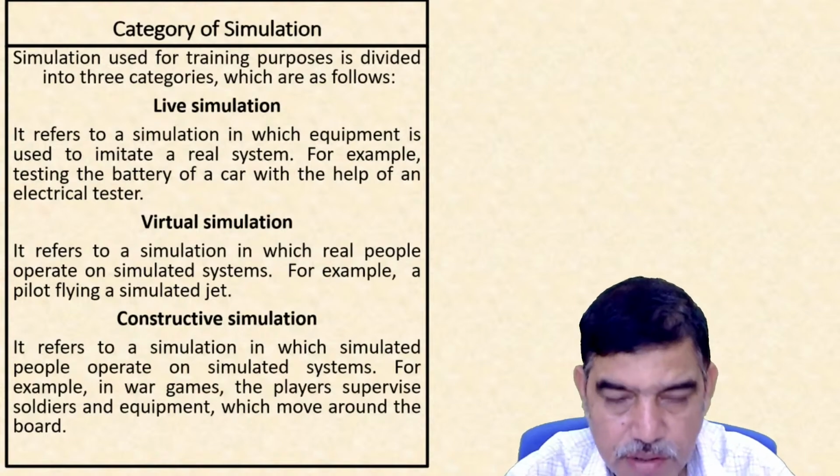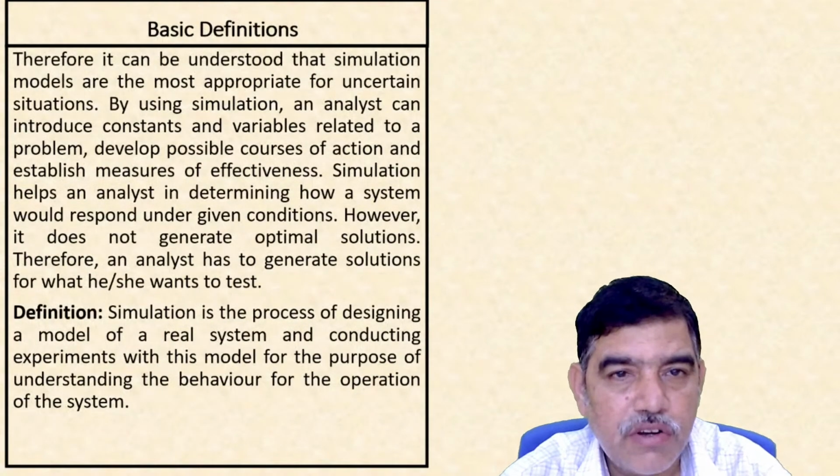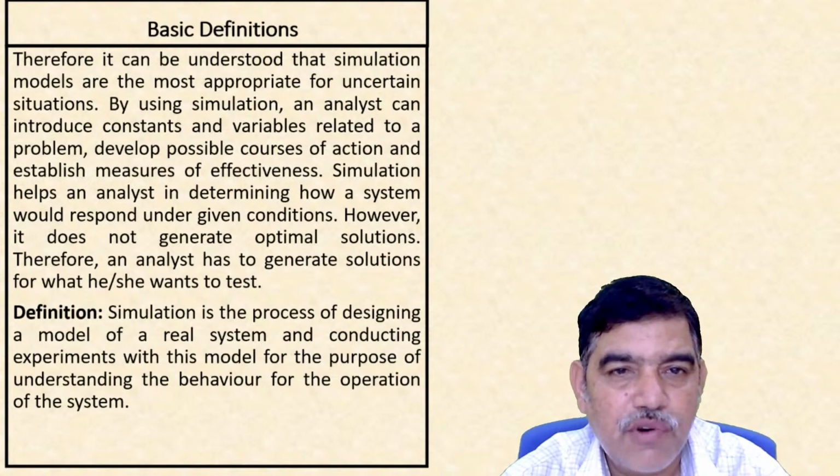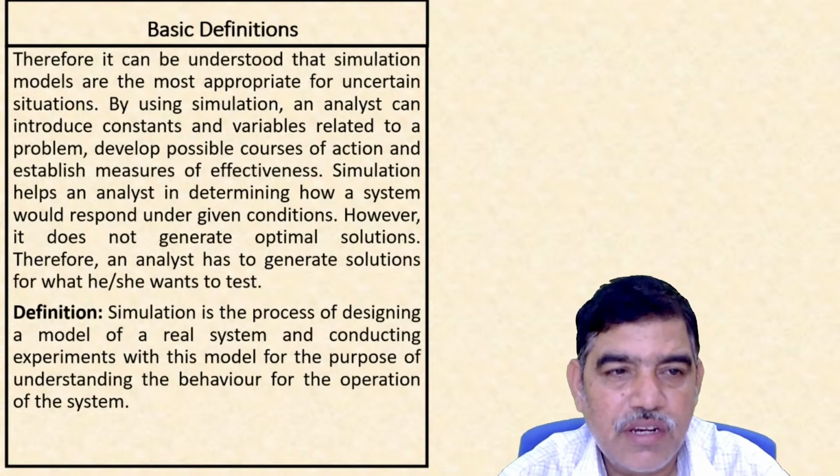Therefore, it can be understood that simulation models are the most appropriate for uncertain situations. By using simulation, an analyst can introduce constants and variables related to a problem, develop possible courses of action, and establish measures of effectiveness.